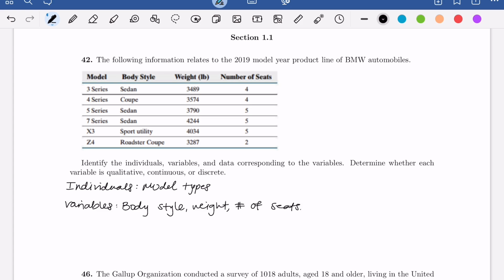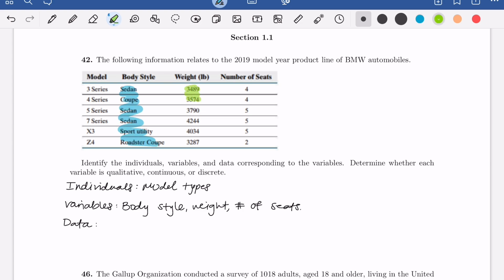All right. Then we want to identify the data corresponding to the variables. What we can do is identify them separately here. We're still going to list these out, but these are essentially the listed observations for each variable in our table. For example, the data for our body style is everything in blue here.